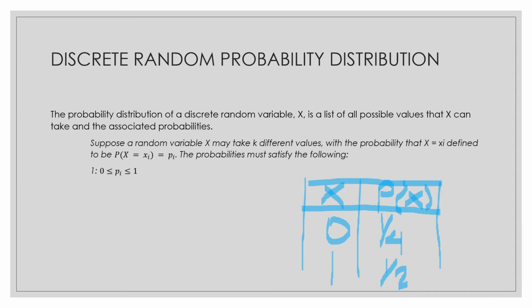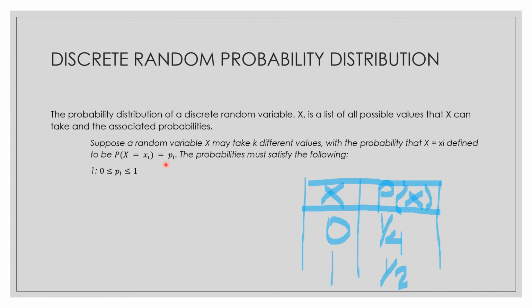We have here some properties of probability which we need to take note of. Suppose a random variable x may take k different values, with the probability that x is equal to x sub i defined to be p sub i. The probabilities must satisfy the following.